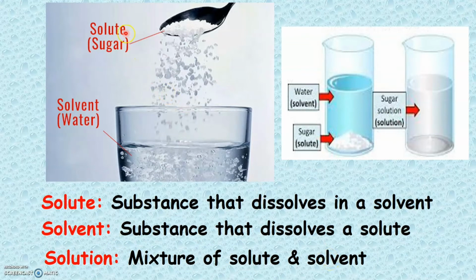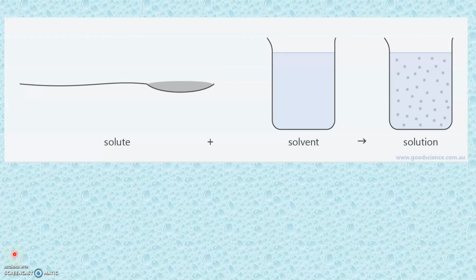So here, when you add sugar into water, what you get is a sugar solution. When you add salt into water, what we get is a salt solution. So sugar, salt are all examples of solute, and water is one of the examples of a solvent. So we have now learned solute plus a solvent would give us a solution.